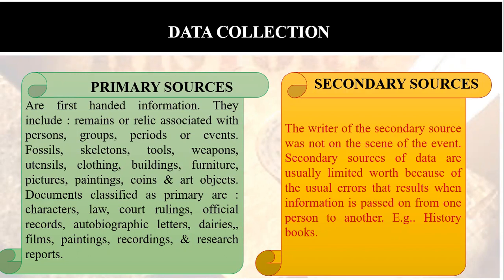No eyewitness, like in that time. Now we have no eyewitness of Egyptian history. How can the Egyptians describe it? We have secondary sources, but they are usually limited because of the usual errors that result when information passes from one person to another. There are many generations between the Egyptian pharaohs and today's Egyptian people.